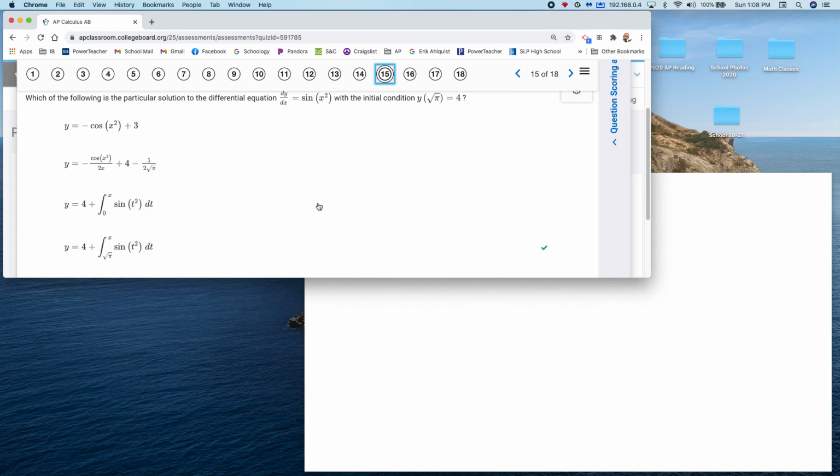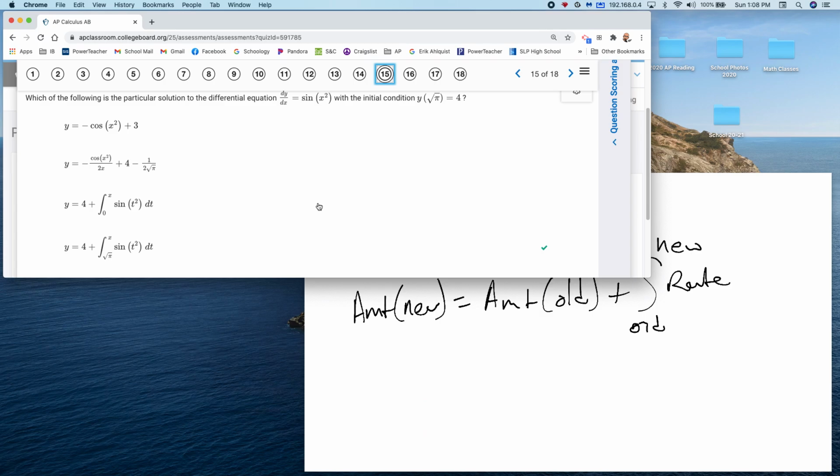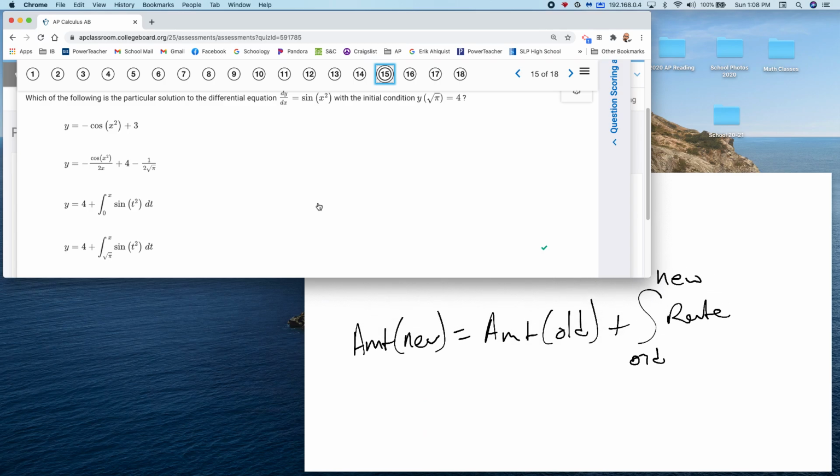So remember, I'll write it down here, but remember an amount new is equal to the amount old plus the integral from the old to the new of the rate. Well, remember that a derivative is just a rate.